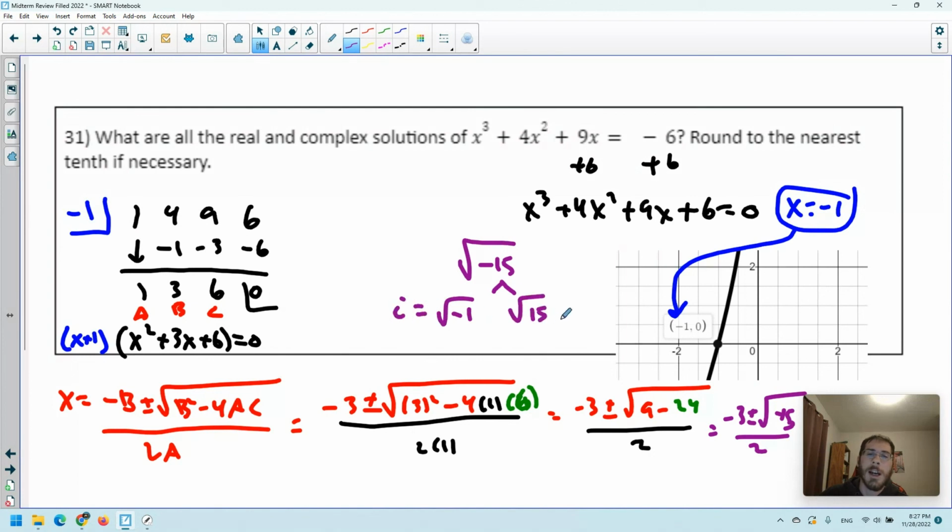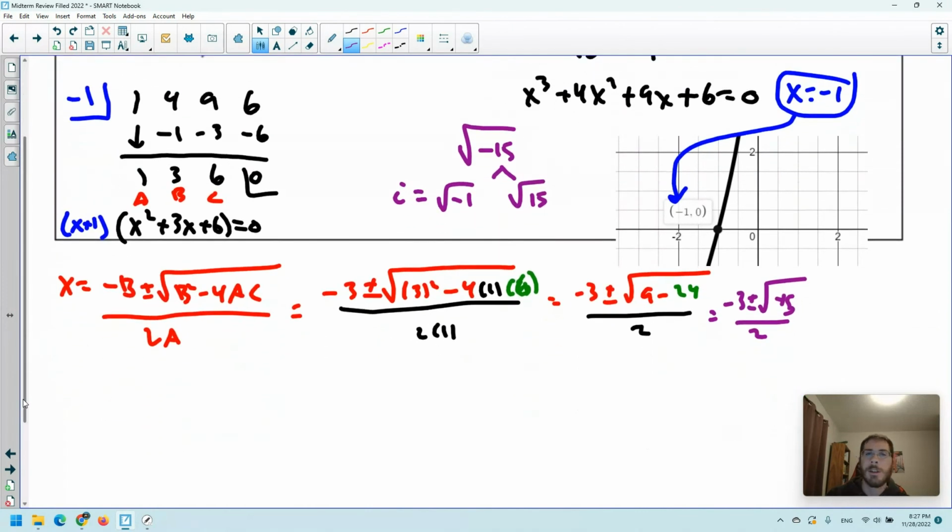So that's going to give me an i. 15, I can't divide it by 4. I can't divide it by 9. 16 is too big, so that's what I leave it as. Okay, well, that was not too bad. So this is going to be x equals negative 3 plus or minus i radical 15 over 2.